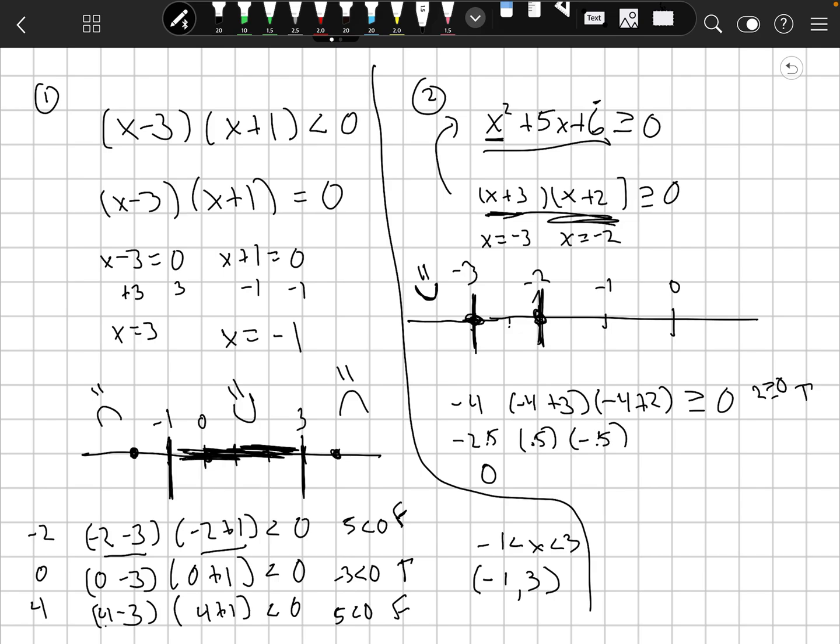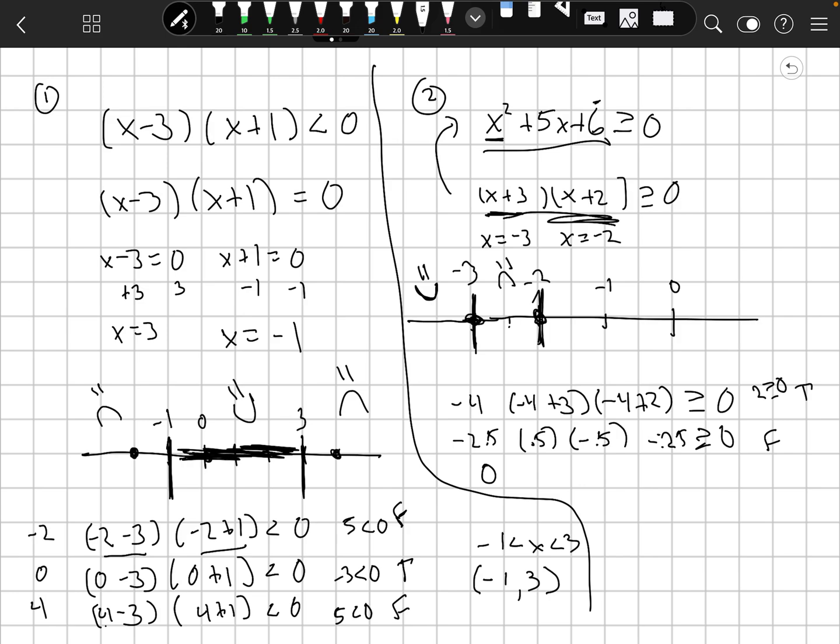Positive times negative is negative, so we get negative 0.25. And is that bigger than 0? Negative 0.25, is that bigger than 0? It isn't. It's smaller than 0, so that's a false statement. So right here, frowny face, false statement.